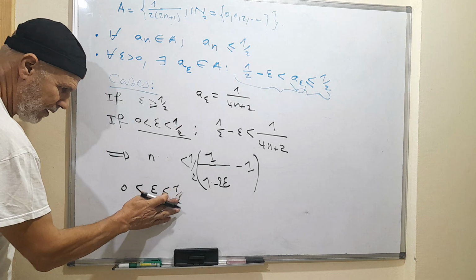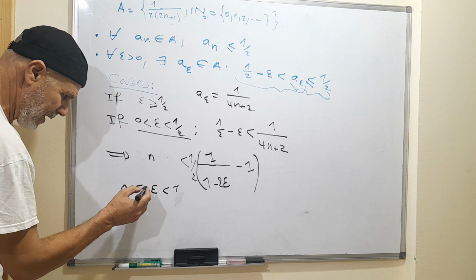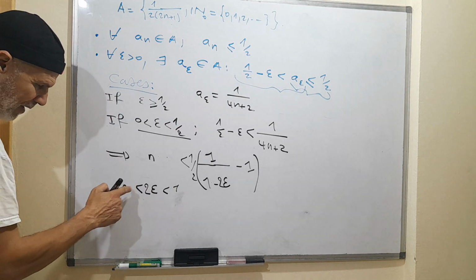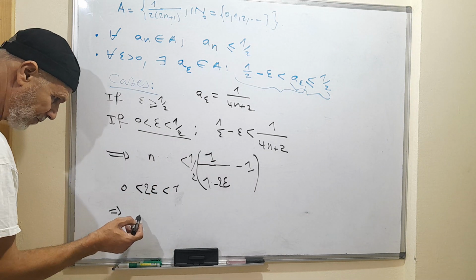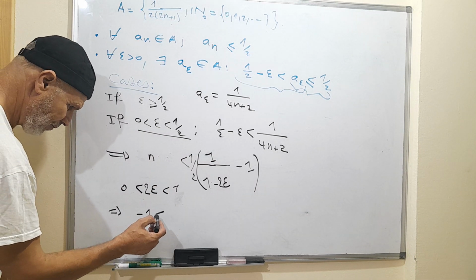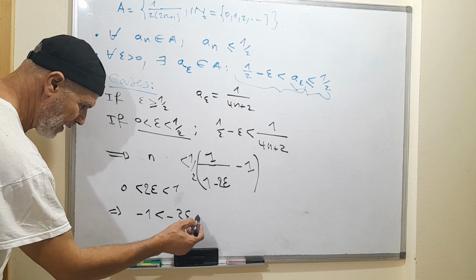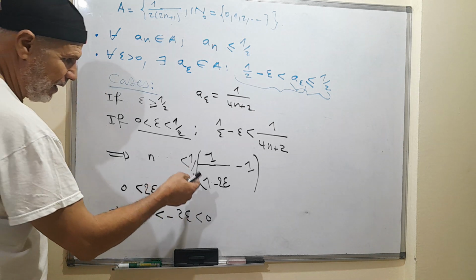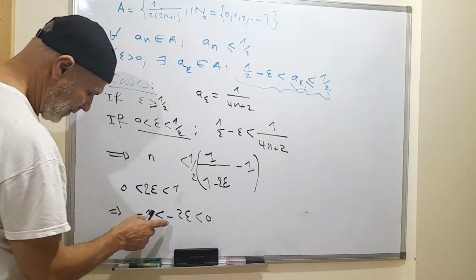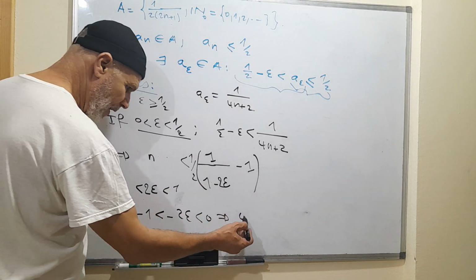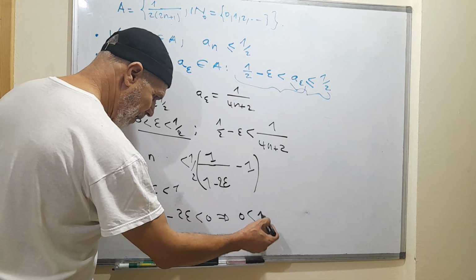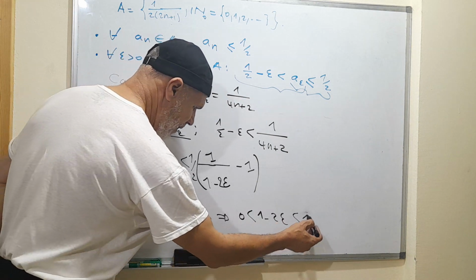We multiply by 2, we take minus, and minus 1 is less than 0. If we add 1, 0 is less than 1 minus 2 epsilon less than 1.